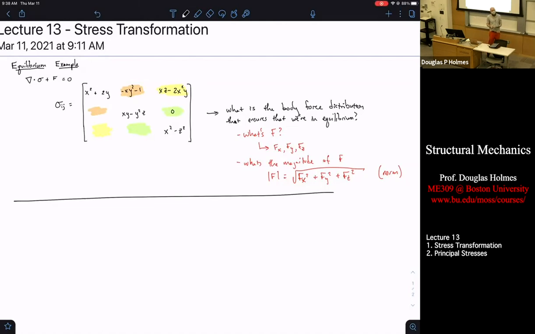It means that stress is a real thing. Stress is a real thing that will build up in an object when you apply forces to it. And that real thing, just like any other real thing in the universe, should not depend on how you choose to measure it. Meaning, I can arbitrarily put some coordinates on there and call them x, y, and z.